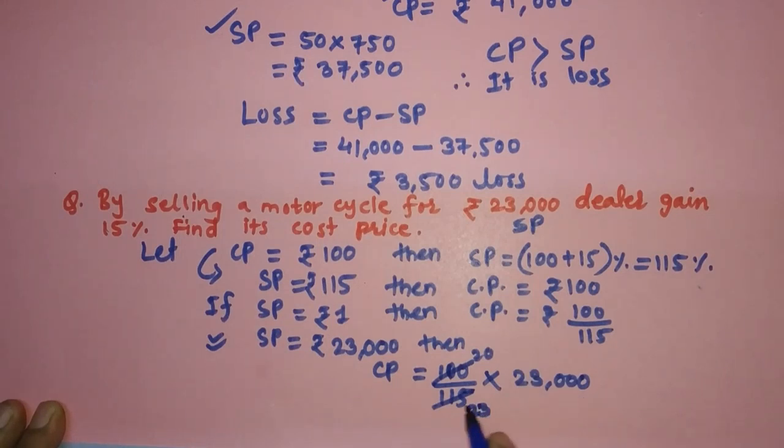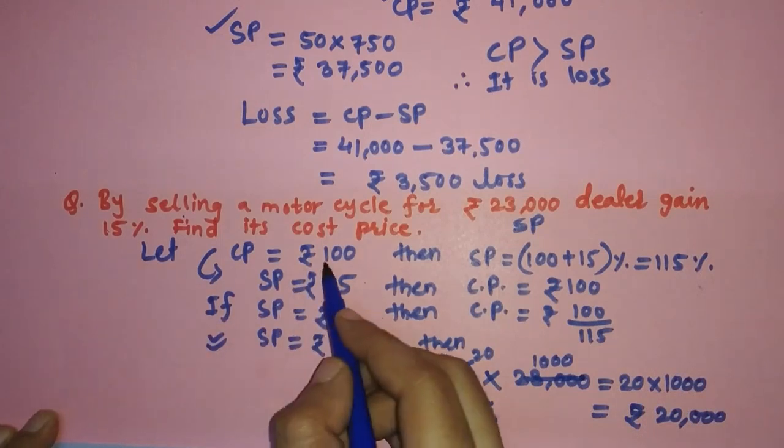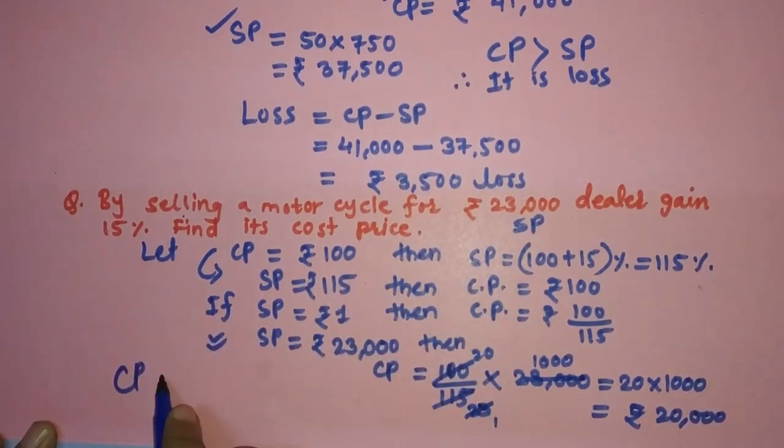So again we can simplify it. 23 1s are 23. This 1000 will write here. So friend, just multiply this 20 into 1000. So we'll get rupees 20,000. So 20,000 is the cost price. Therefore the cost price is rupees 20,000.